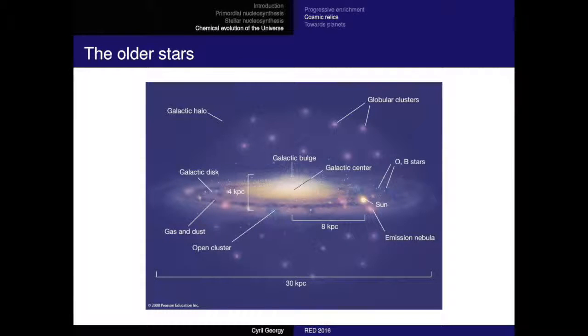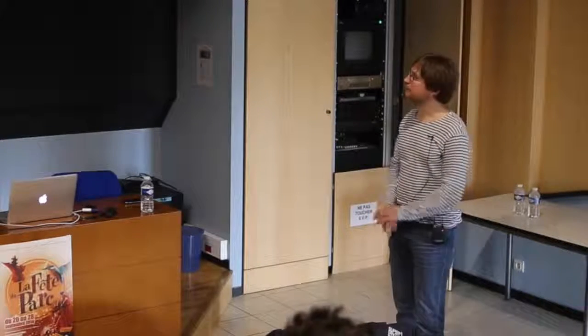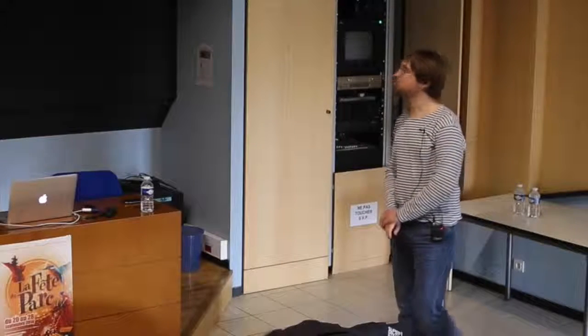The sun is somewhere here, a bit after the middle of the radius of the disk of the Milky Way. In terms of size, the galactic bulge is about 4 kiloparsecs. The galaxy is about 30 kiloparsecs in diameter, and the sun is roughly located 8 kiloparsecs from the center.